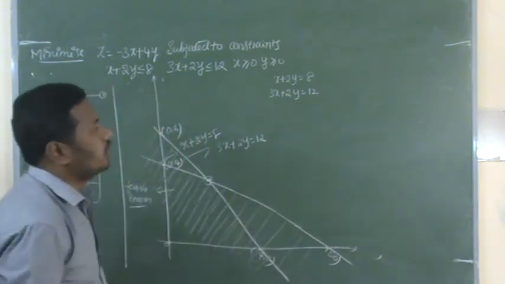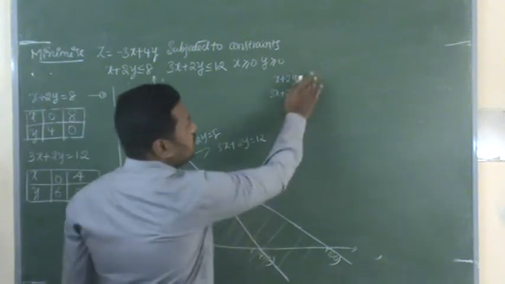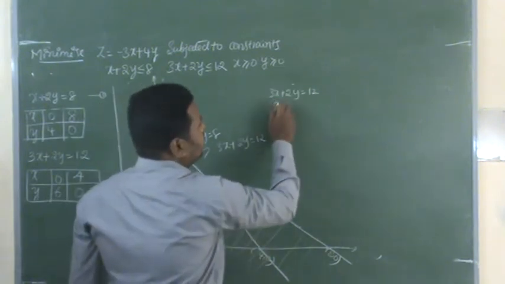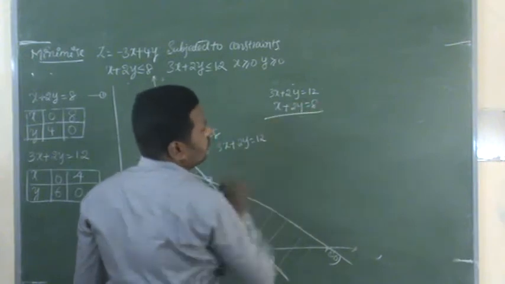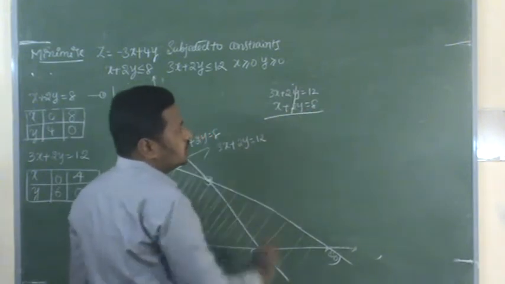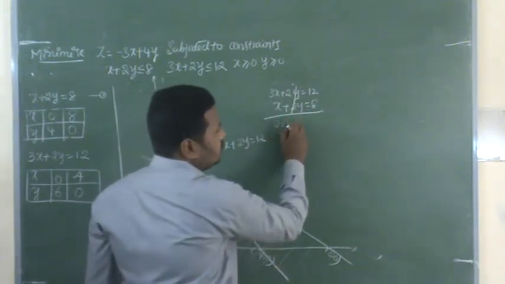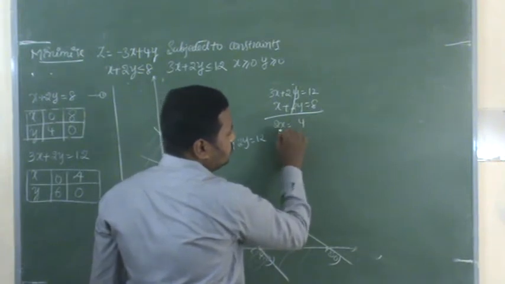On subtracting these two, we get 2x is equal to 4 and x is equal to 2.